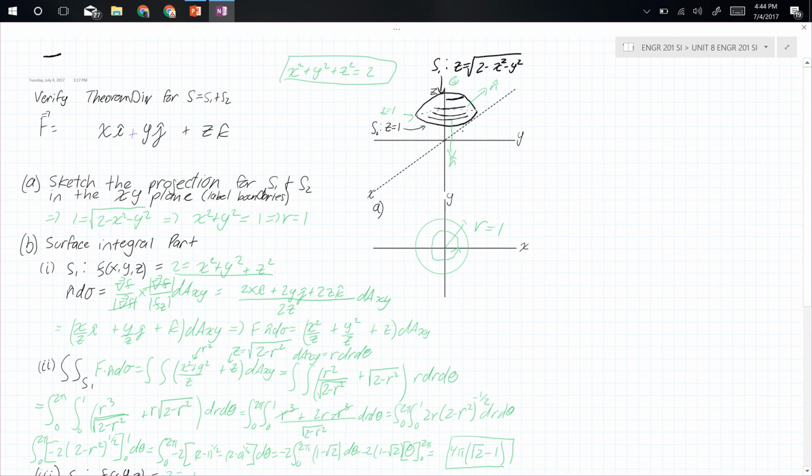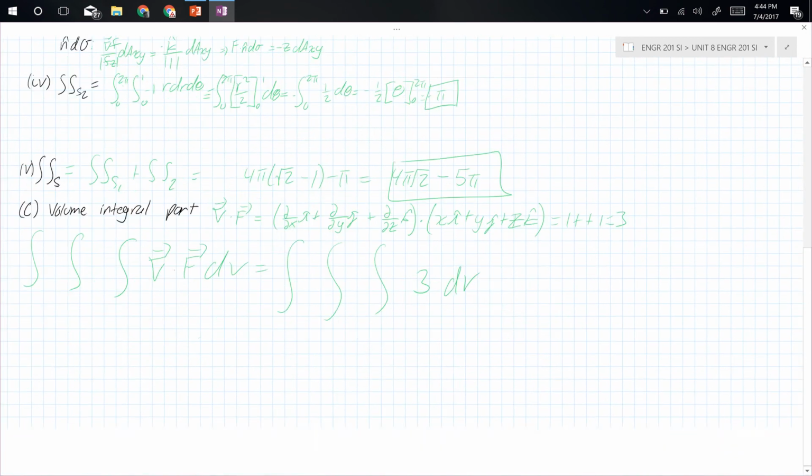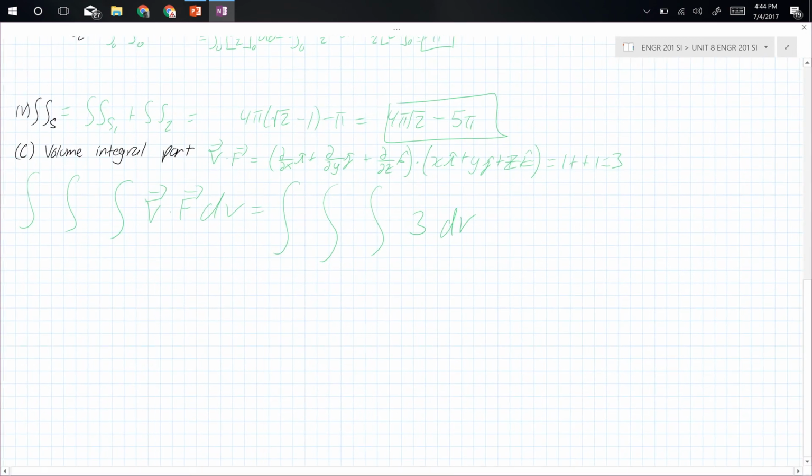It's kind of an arbitrary choice of picking which one, but I think it's easiest with cylindrical coordinates. So I'm going to go ahead and change this dV to being dz dr d theta.